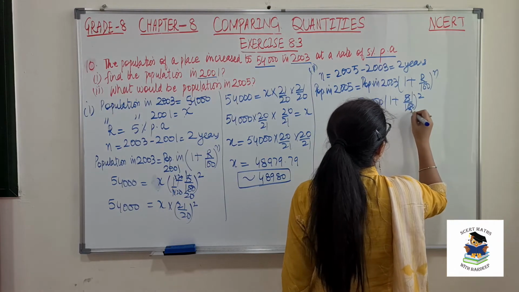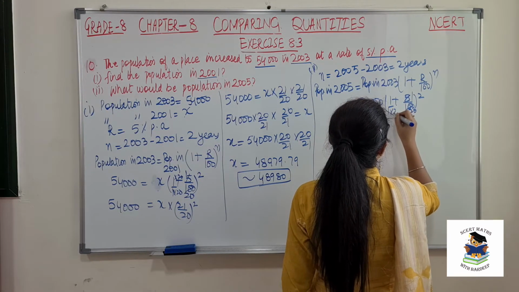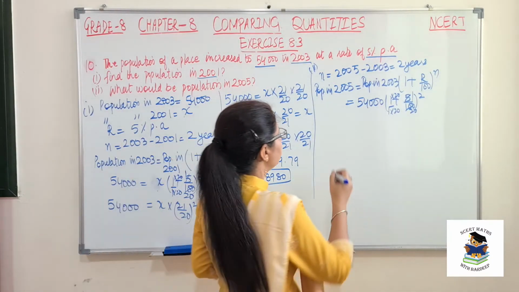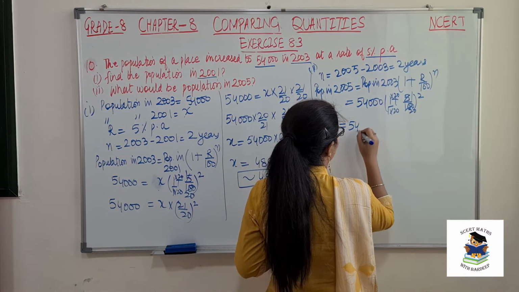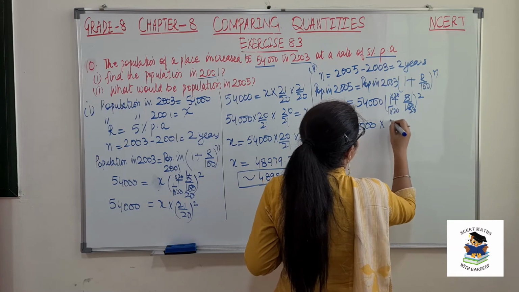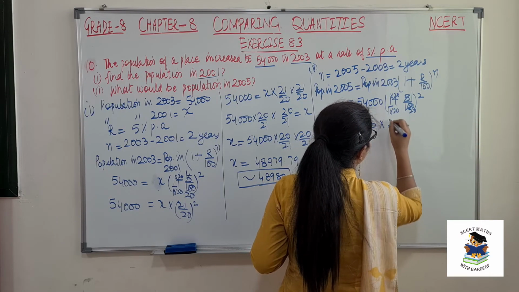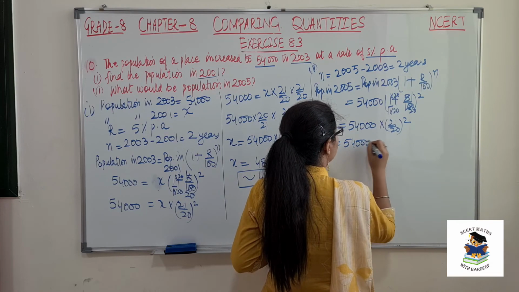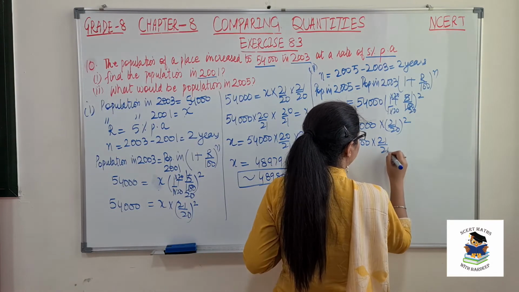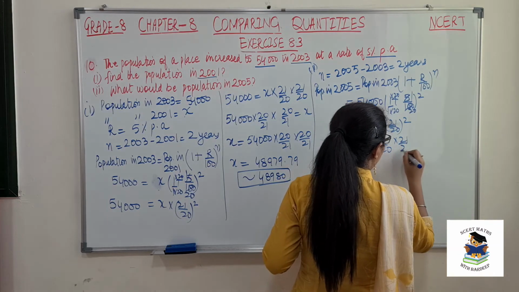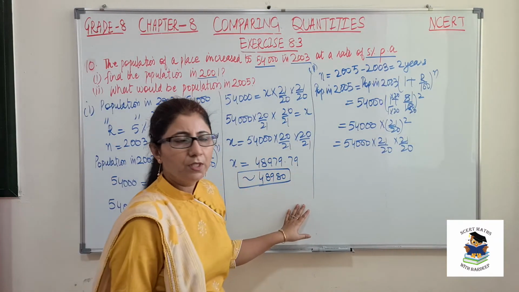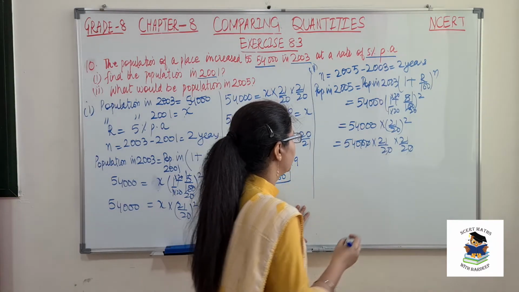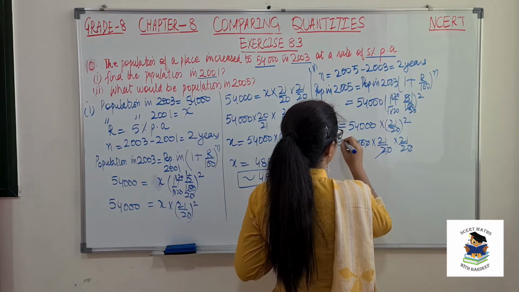So 1 by 20, same calculations will come here also. Okay, so this is 54,000 into 21 by 20 raised to power 2. So 54,000, 21 by 20, 21 by 20. Let's cancel a few values. Zeros will be cancelled. If you cancel, this is 270.